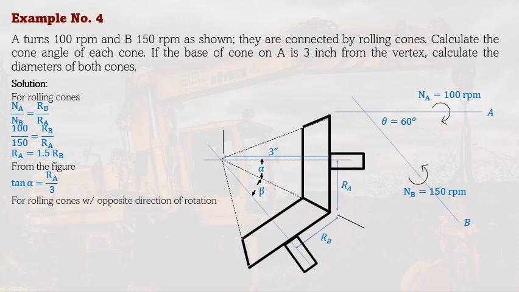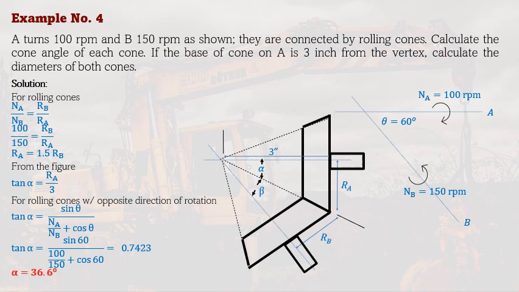For rolling cones with opposite direction of rotation, we can use the formula from the previous slide: tan alpha is equal to sine theta over NA over NB plus cosine theta. Substituting the given values, we get tan alpha equal to 0.7423.